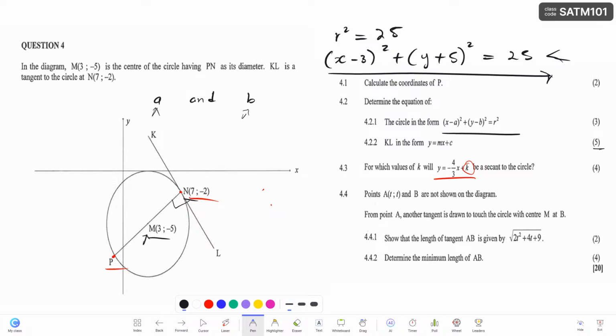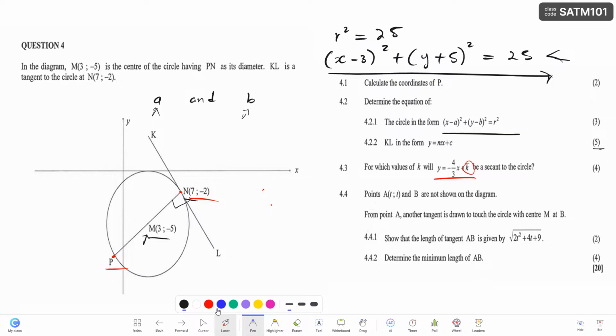Okay, the next question, they are saying point A, which is T and T, and B are not shown on the diagram. Okay, from point A, another tangent is drawn to touch the circle with center M at B. So okay, we are told that there is a line somewhere.